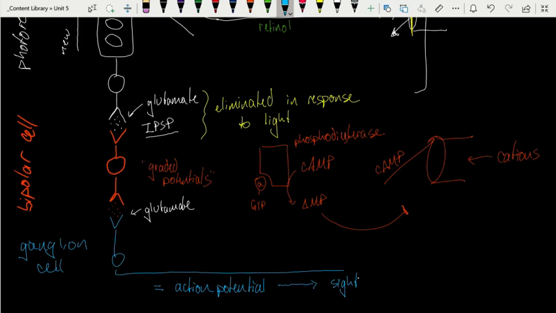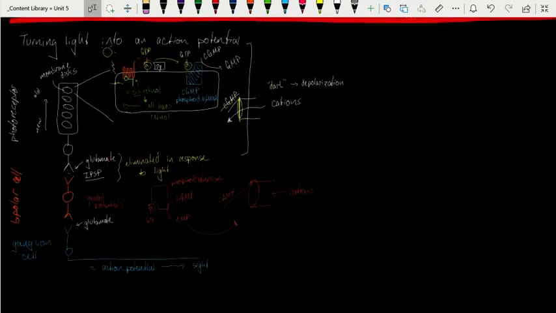In the dark, cations are coming into the photoreceptor cell, causing a continuous depolarization state, and that's releasing glutamate onto the bipolar cell, causing an IPSP to keep the bipolar cell from firing.